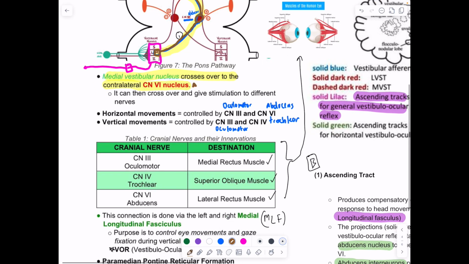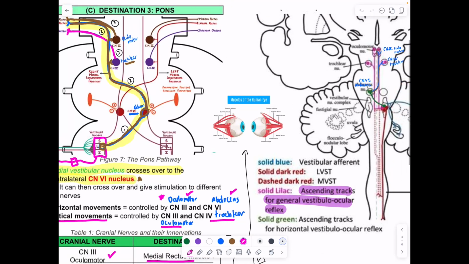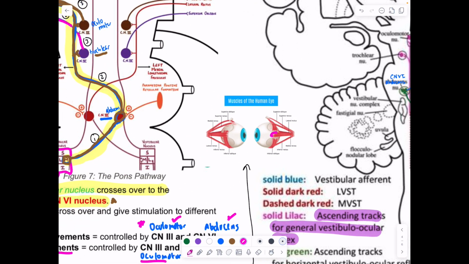Okay, so the idea is that we have horizontal movements, right, like this, controlled by oculomotor and abducens, and this is what we'd be tested on, presumably, because we're going to deal with the reflex question, which we'll get to. And then vertical movements are from oculomotor and trochlear with the superior oblique. All right, so oculomotor is going to do medial rectus. So here we have lateral rectus, and here's medial rectus.